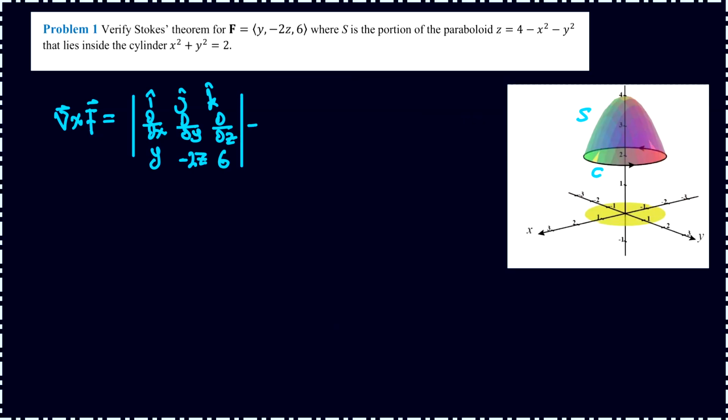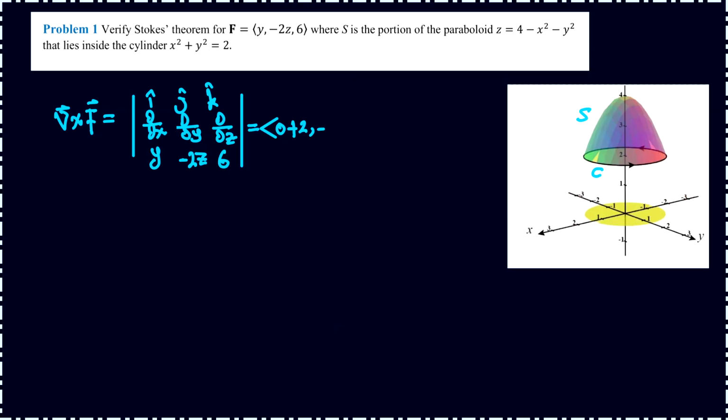Let's find the curl. Okay, so we're going to have the partial derivative of 6 with respect to y. That is a 0 minus the partial derivative of negative 2z with respect to z. That's a negative 2, so that will give us a plus 2.